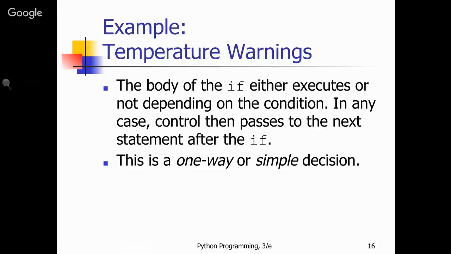Okay, and so this is what we would call a one-way decision. We can only make one decision. We made two decisions in our program by using two if statements, but they're one each. And the reason I'm saying this is because now we're going to talk about what if we needed to have multiple statements, right?